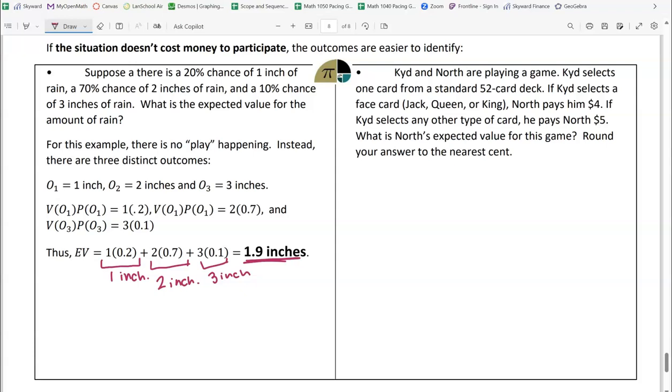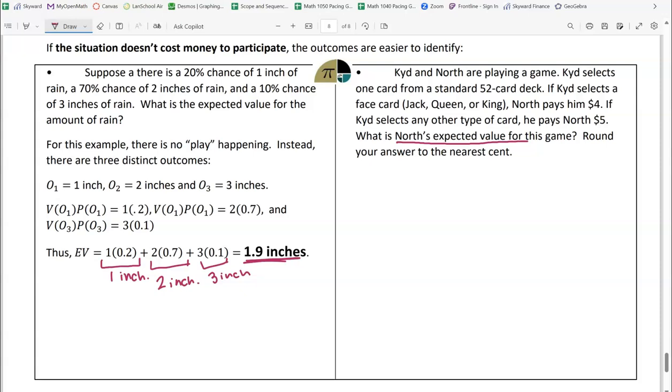Okay, all right. I'm going to have you guys try this one on your own, a couple things before we pause the video. So you'll read through this. Make sure you're remembering you're looking at North's expected value, okay, not Kids' expected value. You're looking at what North is going to gain from this.